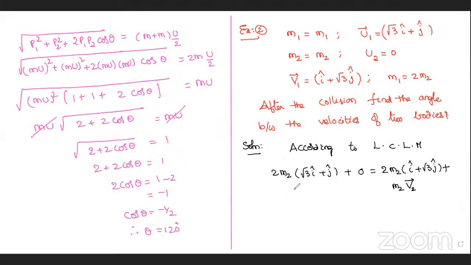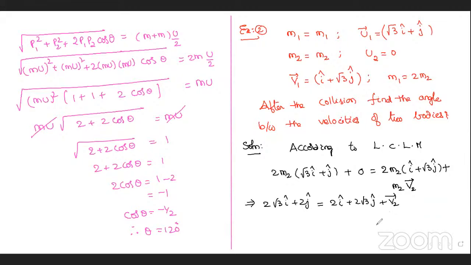Once we check there, we can find, in all M2 gets cancelled. And we will get 2 root 3 I cap plus 2 J cap on the left hand side, equal to 2 I cap plus 2 root 3 J cap on the right hand side, plus V2 bar.